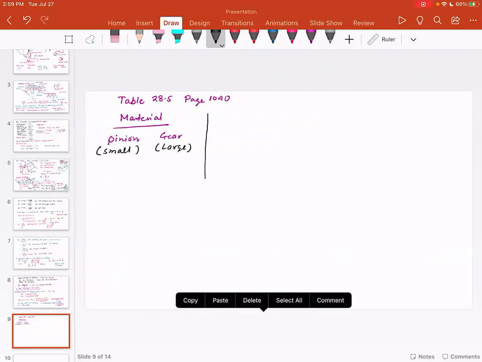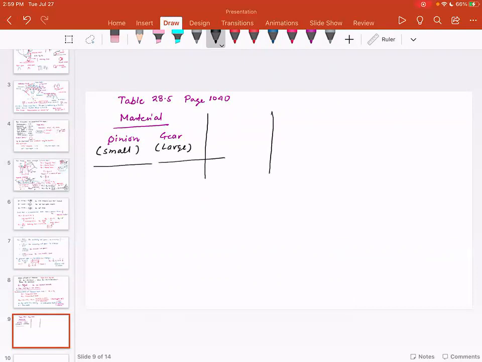Then you have different types of gear profiles. I want you to look at that table if you have the book in front of you.